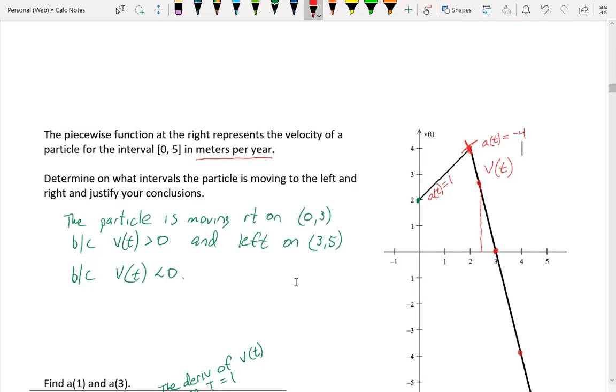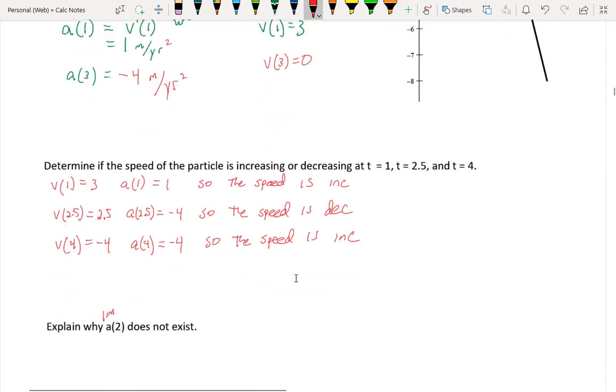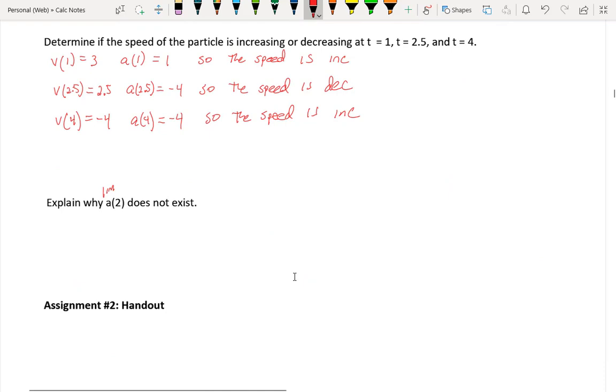So that's why the limit does not exist at a of 2. Okay? So the limit as t approaches 2 from the negative side of a of t does not equal the limit as t approaches 2 from the positive side of a of t.